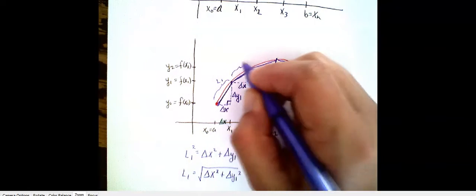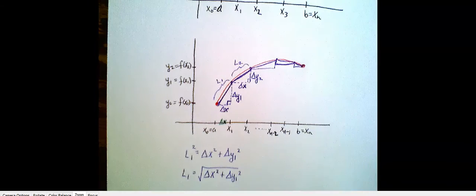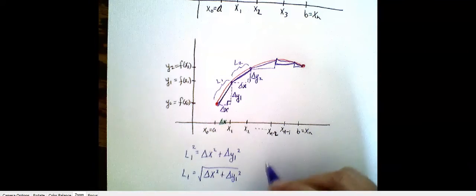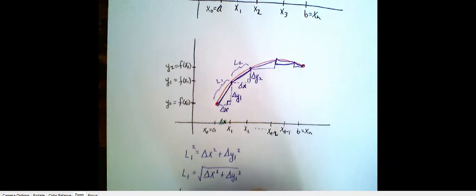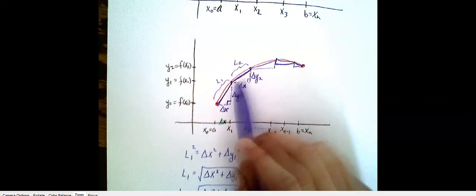L2 would be gathered in the same way, that length of this purple line segment here. L2 would then be the square root of delta x squared plus delta y2 squared, right? That side squared plus that side squared, square root gives us that there, okay?